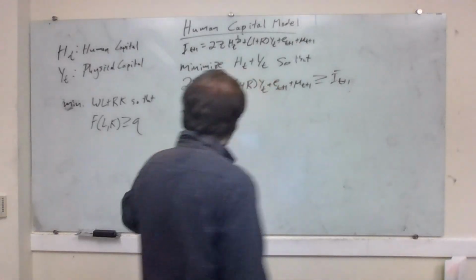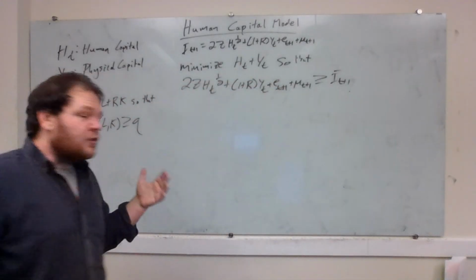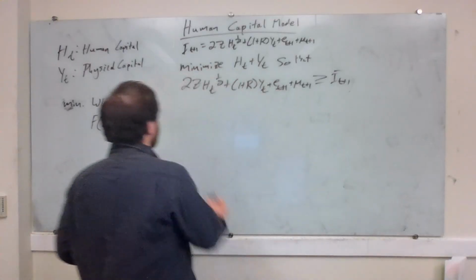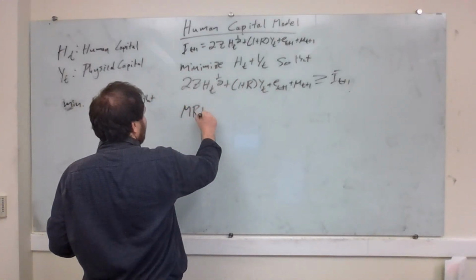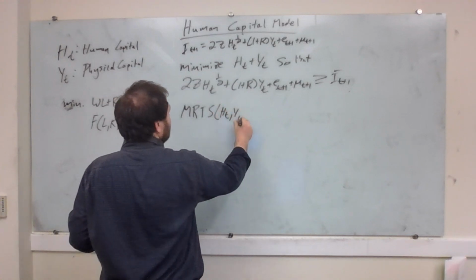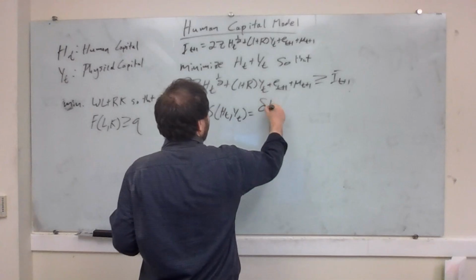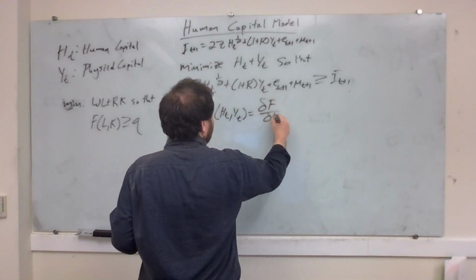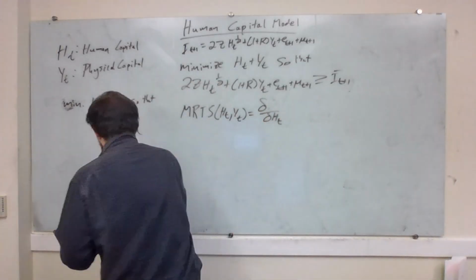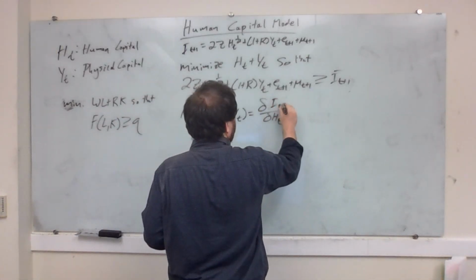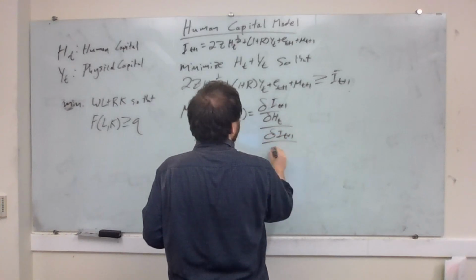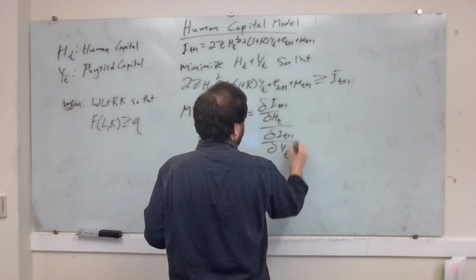So how do we solve problems like this? Well, what we're going to do is figure out our marginal rate of technical substitution. We'll say our MRTS of H_t and Y_t is going to equal dF/dH_t, in this case dI/dH_t, over dI/dY_t.